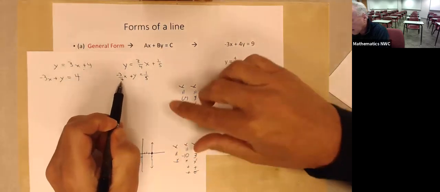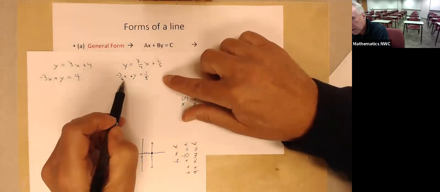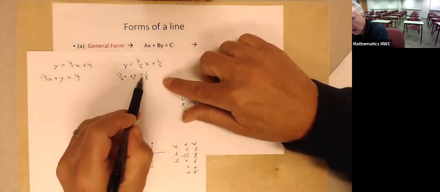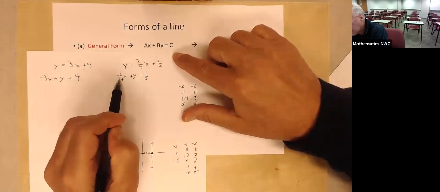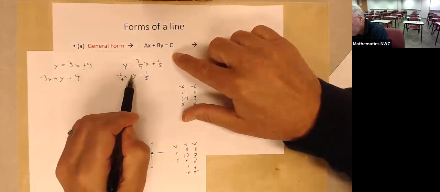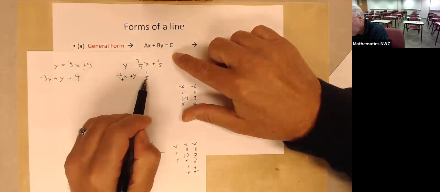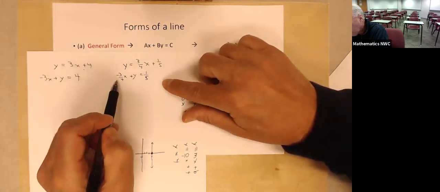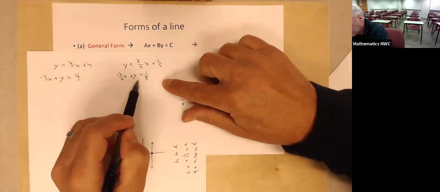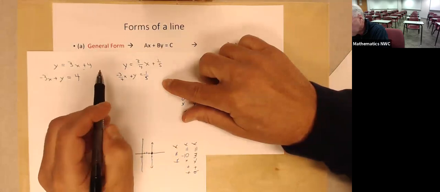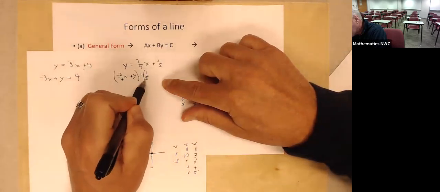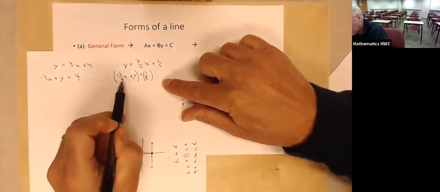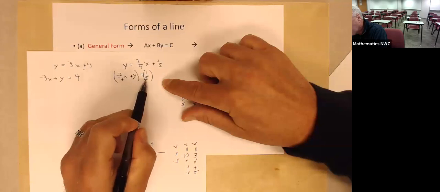This looks like it's in general form. I have my x term first, then my y, then my number. But these aren't all integers. This is a fraction. The 1 is an integer, but 1/5 is a fraction. So I would need to change these into all integers, and I would do that by multiplying the entire equation times the common denominator of 4, 1, and 5.